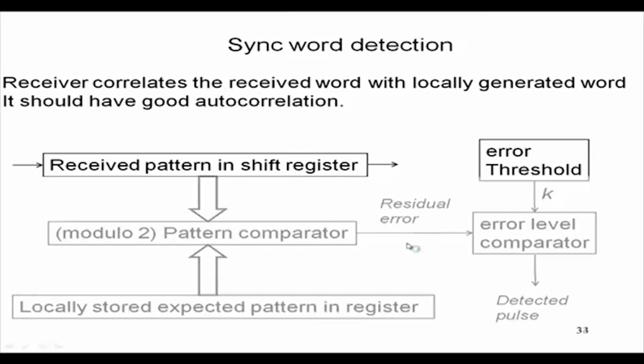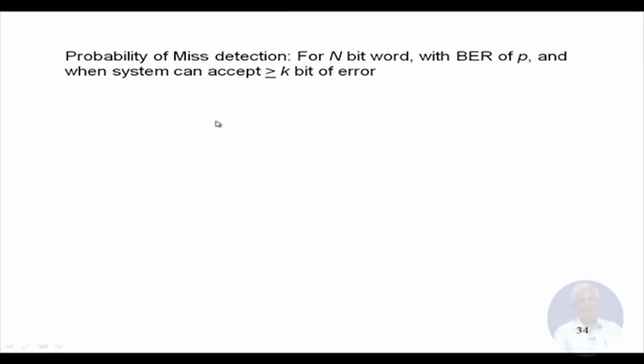Based on this, let us frame an expression for the probability of misdetection for an n bit word, assuming the sync word is of n bit duration.